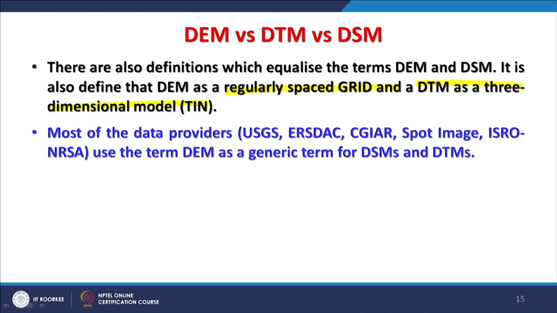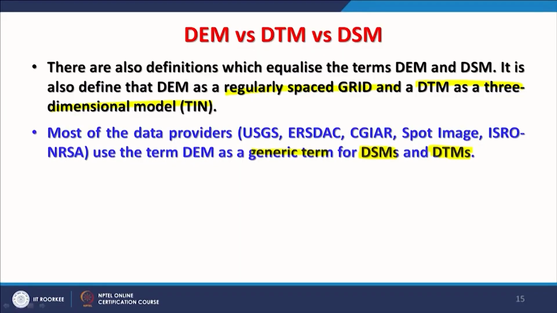Most of the data providers which provide a lot of DEMs use the generic term DTM, or sometimes you may get the term DSM if it is based on the LiDAR technique.